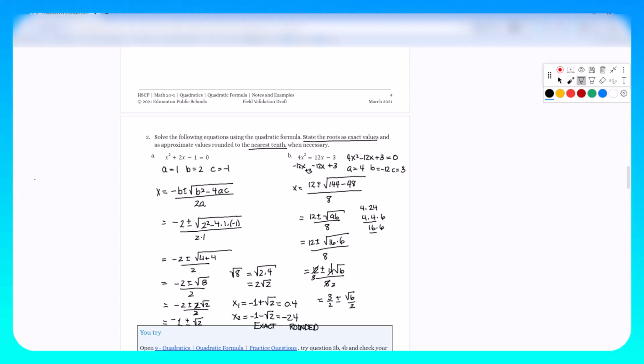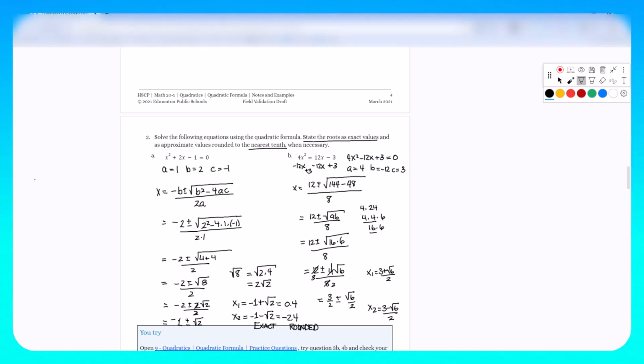So now I have my solutions here, where my x1 equals, we can write it both ways, over 2. My x2 is this.